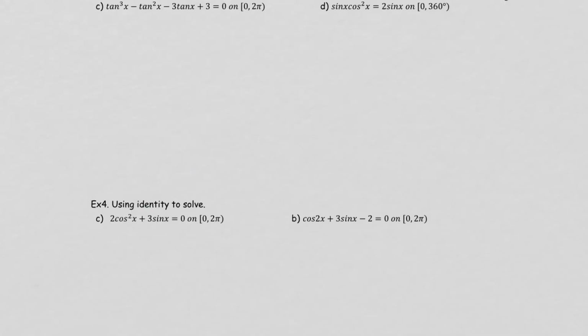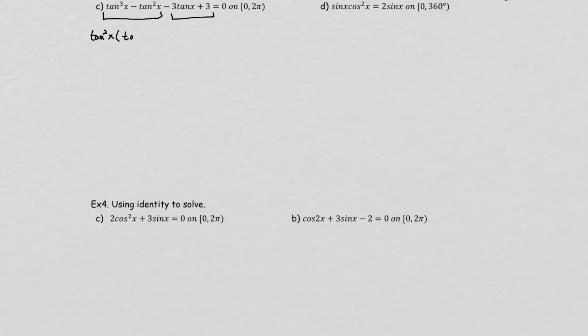Then if we're looking at problem C, this time you have 4 terms. 1, 2, 3, 4 terms. And with 4 terms, if you're trying to factor, you can only use common factor or group factoring, right? It looks like you don't have a common factor throughout the 4 terms, so you're going to use group factoring. First 2 versus last 2. From the first 2, the common factor is tangent square x.